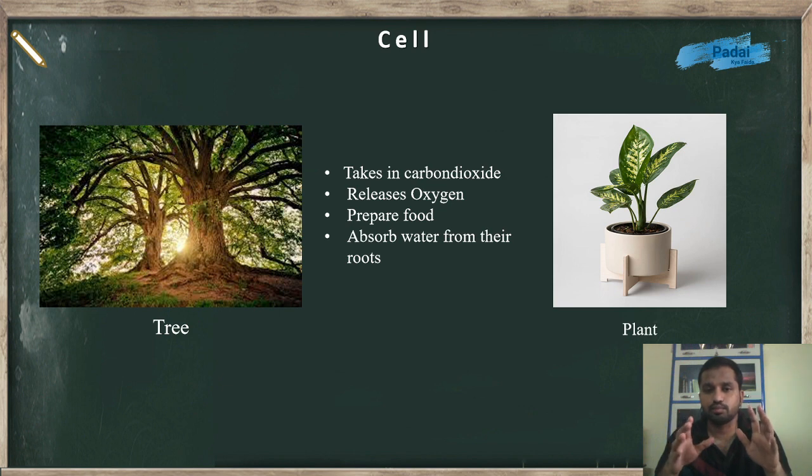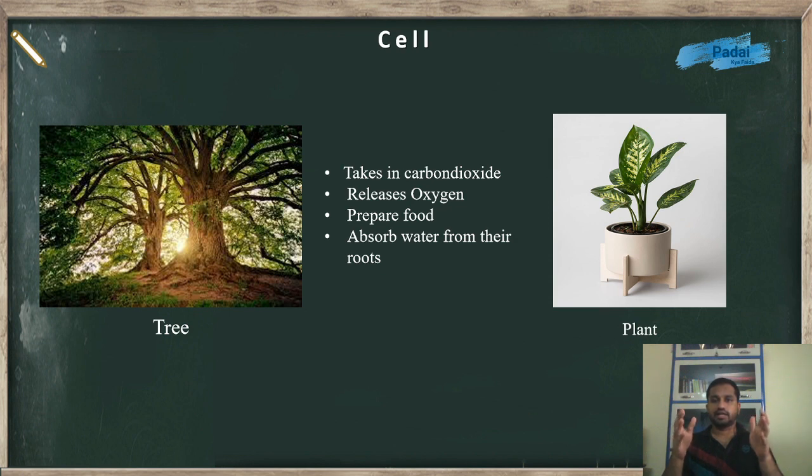Irrespective of the size and shape, both of them take in carbon dioxide, release oxygen, and prepare food, because both of them look very healthy and greenish. They absorb water from their roots. So irrespective of their size and shape, the function is similar.